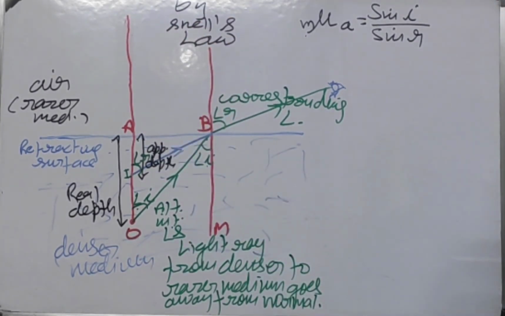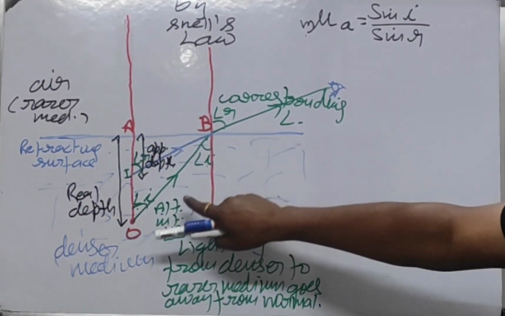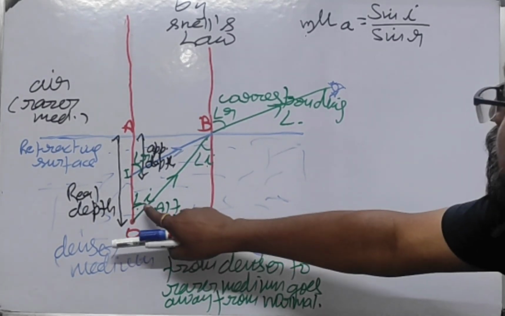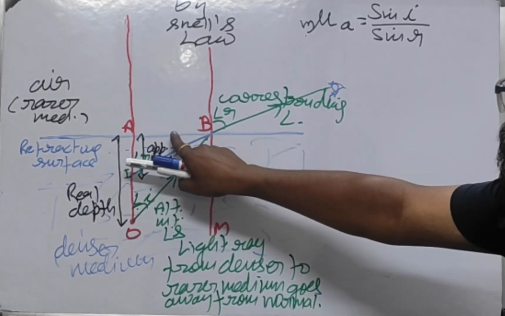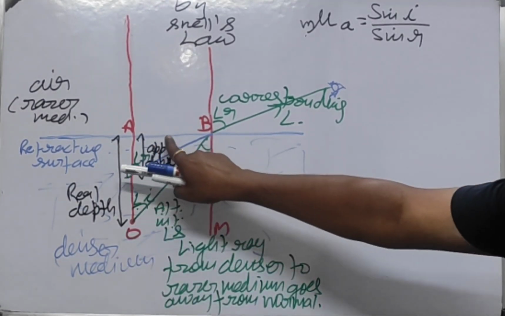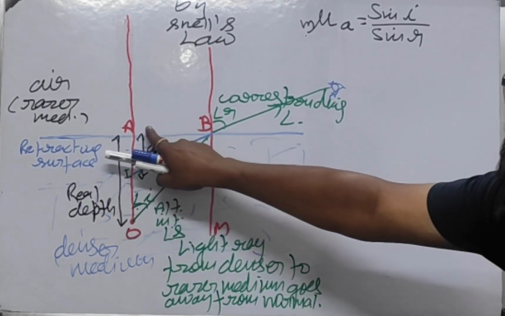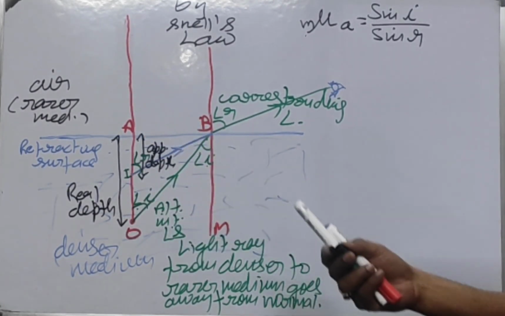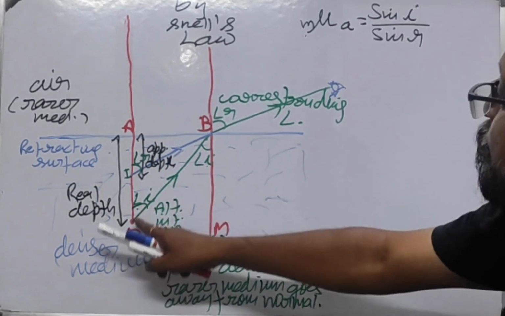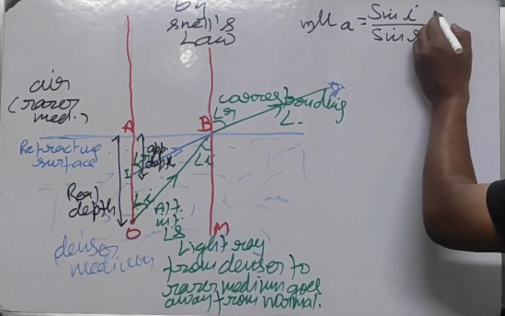Right? And sin I, this is the angle, this is perpendicular, so AB upon OB, perpendicular upon hypotenuse. This is perpendicular and this is hypotenuse.